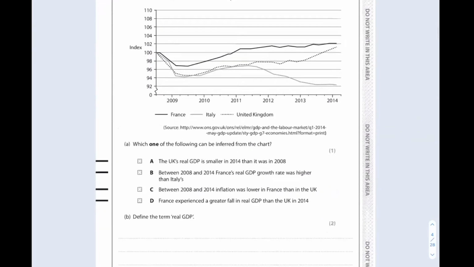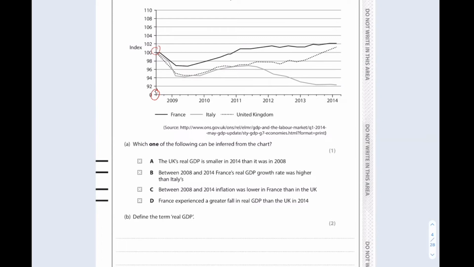Okay, real GDP in selected economies. Again, we've got index numbers, the base year being 2008, which is here, and so it starts at 100. So it says, which one of the following can be inferred from the chart? The UK's real GDP is smaller in 2014 than it was in 2008.